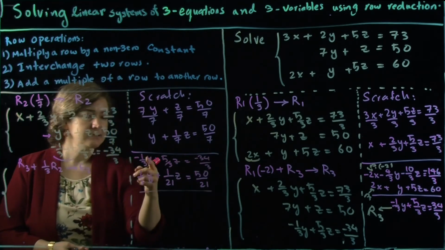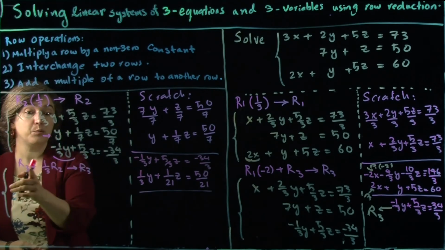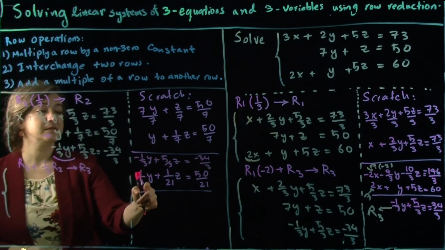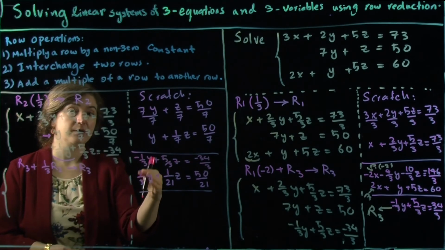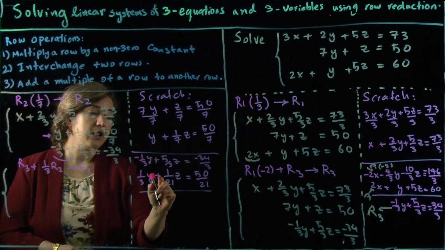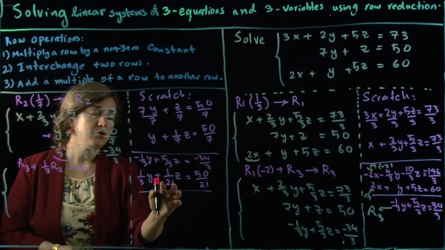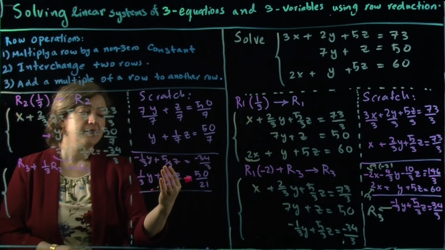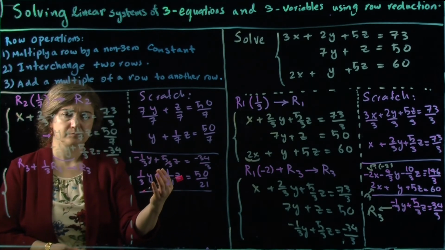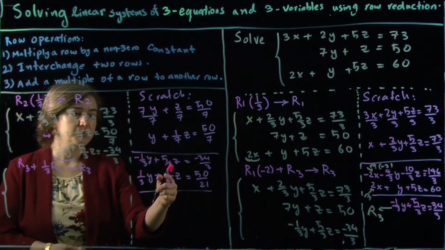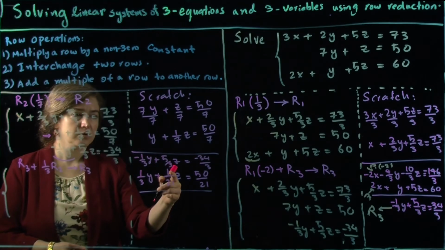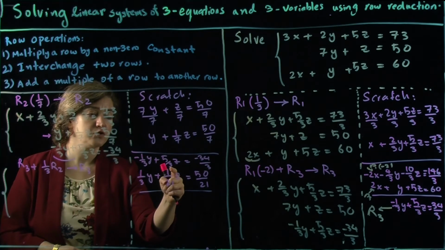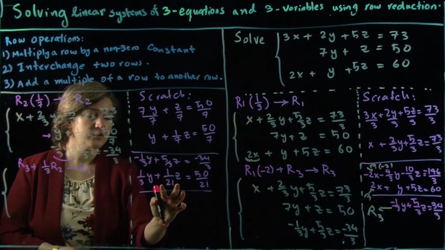Now let's add it. The way we set up the row operation was that these two are supposed to cancel each other out. Now I need to add 1/21 z plus 5/3 z. We're trying to add 35/21 plus 1/21.